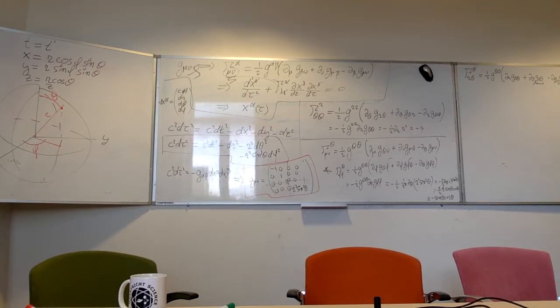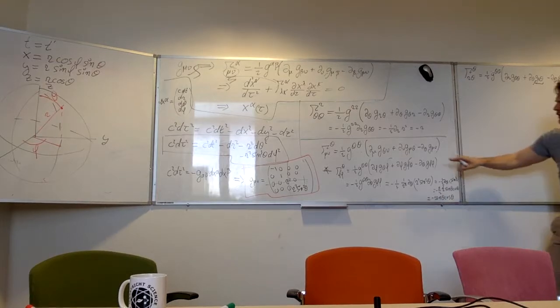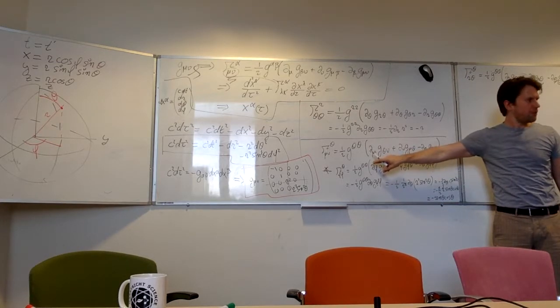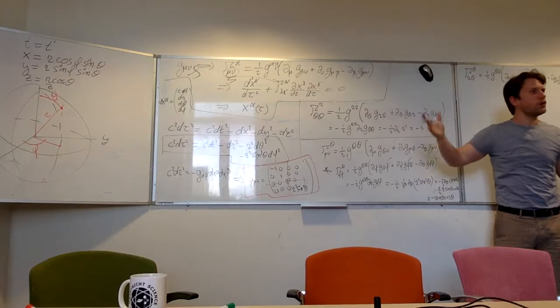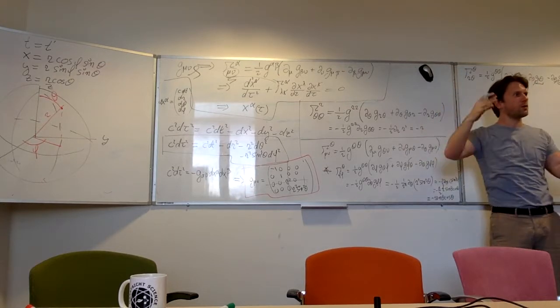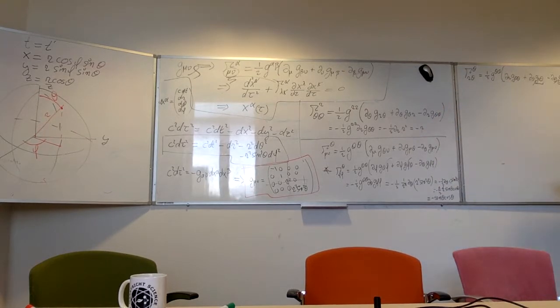By the way, this is not a general rule. It's not that if you look at this thing and you find one of them that is going to be non-zero by appropriate choice of mu and nu, then the other ones are going to be 0. It could very well be that the other ones are also not 0. So it just happens that in our particular case, life is a little bit more simple. So the only one that survives is this one. And let's see what we get.